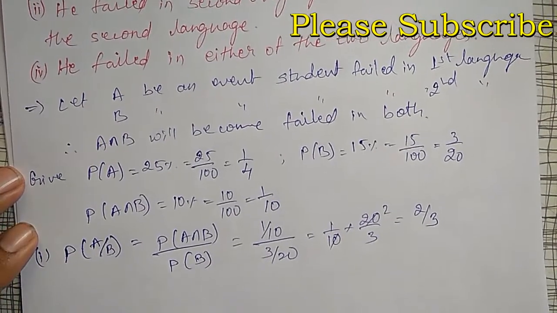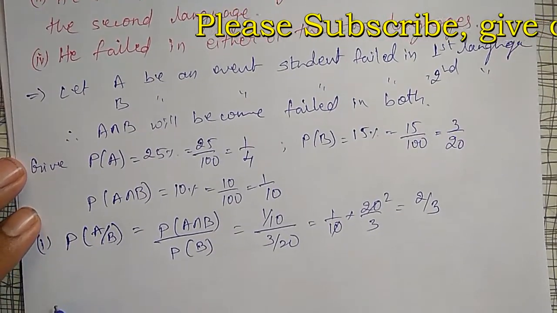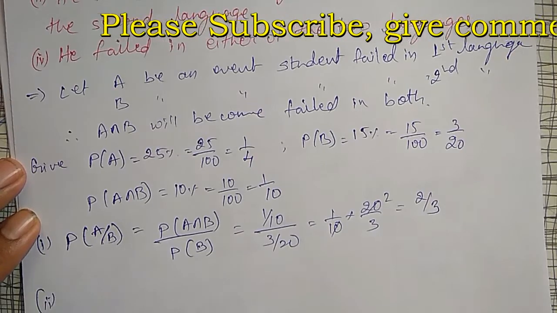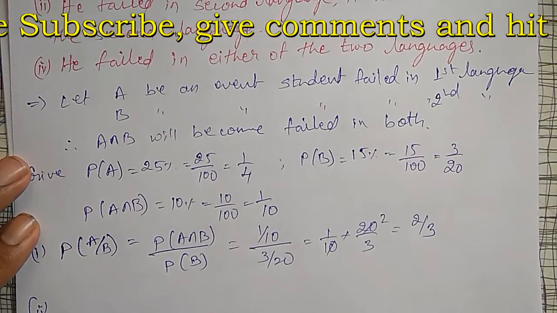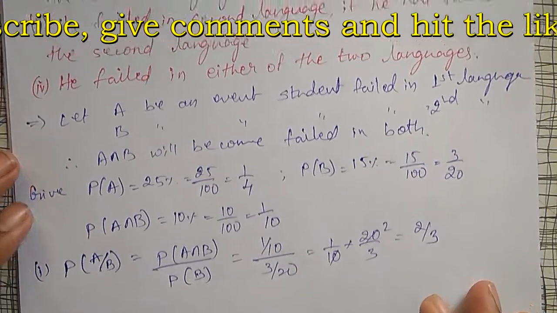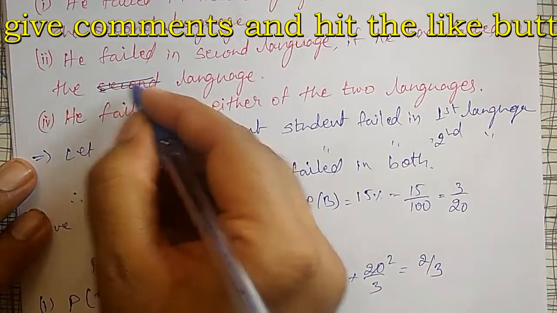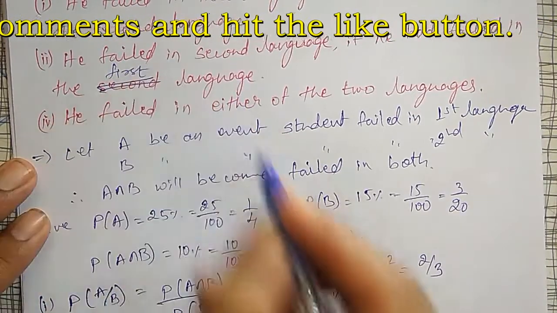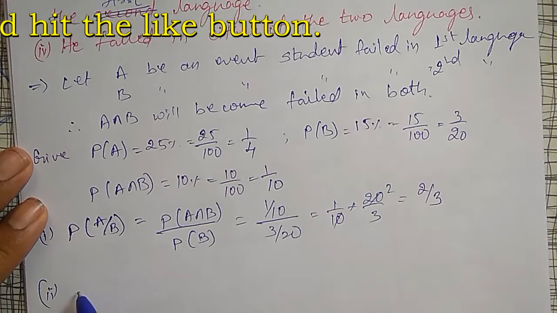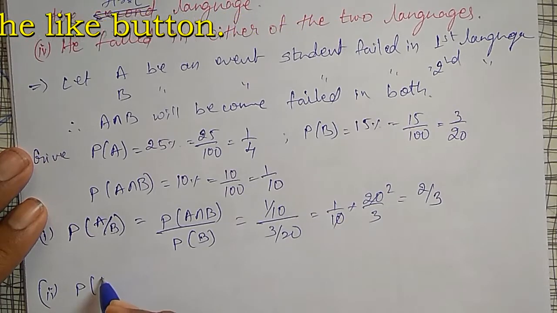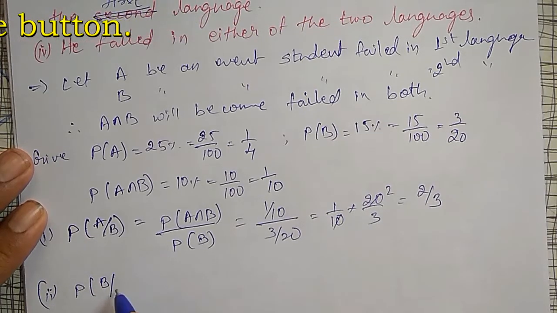Like that. Second one, what is given? He has failed in second language and he has already failed in first language. Therefore, probability of second language failed, but he has already failed in first.